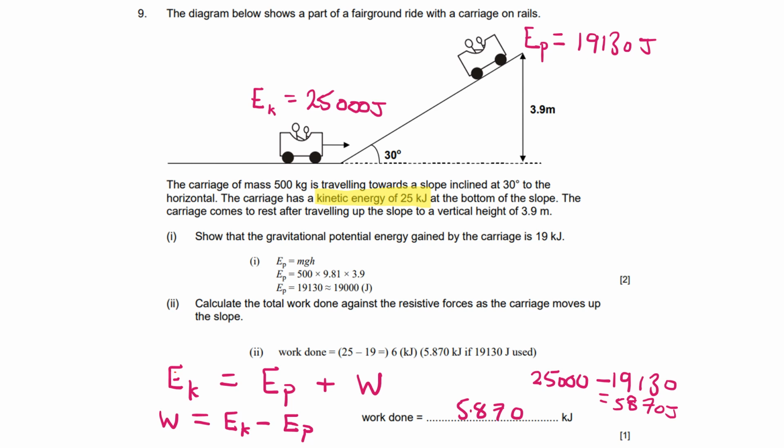The work done is going to be equal to the kinetic energy minus the gravitational potential energy, and we have both of those values. So it's 25,000 joules for the kinetic minus 19,130 for the potential, which is going to equal 5,870 joules.